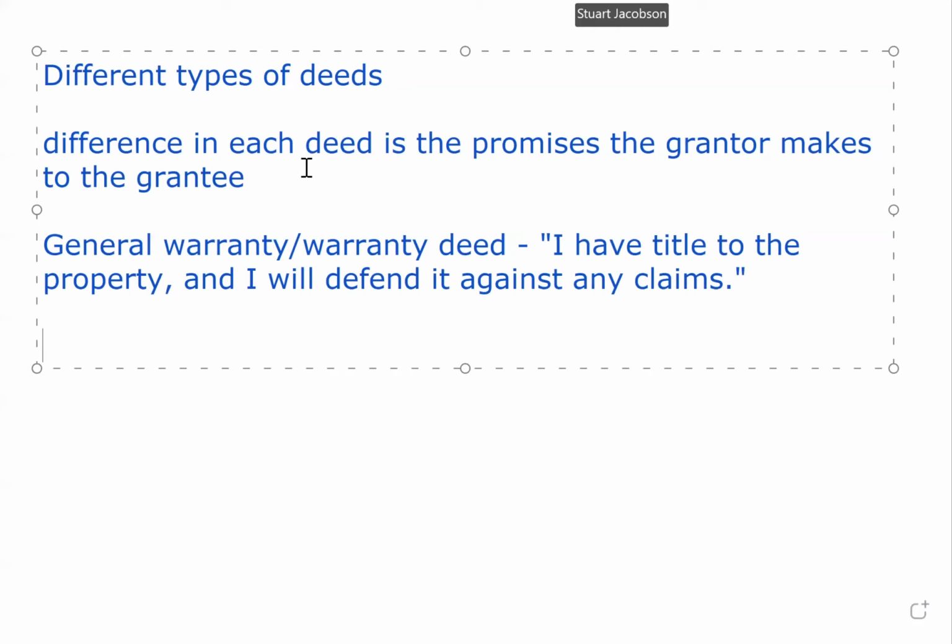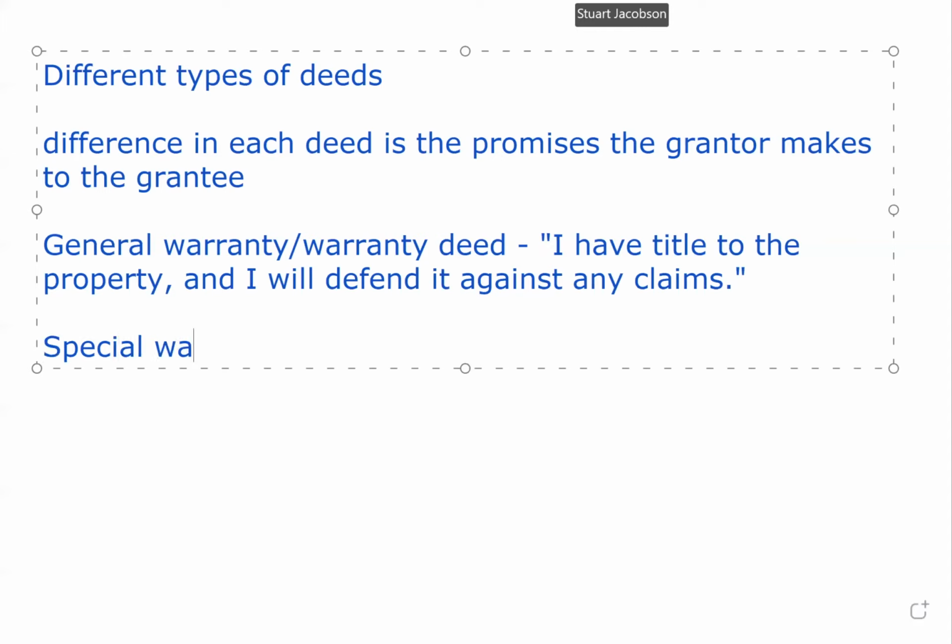It is the most protective for the grantee and least favorable for the grantor, because they are giving the most as far as guarantees. They're saying, not only do I have title to this property, but I will defend it against any claims.